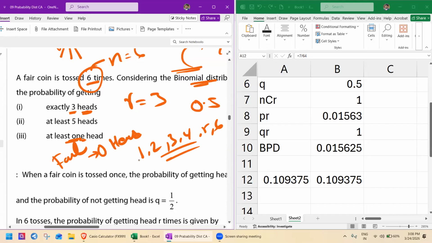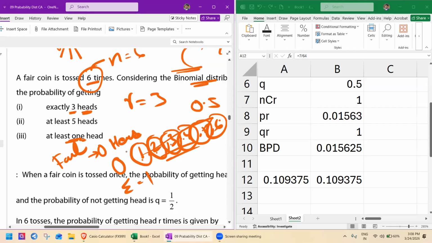For that, what we have to do is find the probability of getting 1 head, 2 heads, 3 heads, 4 heads, 5 heads, and 6 heads. So it takes a lot of time. You know the possibilities of outcome: 0 head, 1 head, 2 heads, 3, 4, 5, 6 heads. And you know that the sum of all probabilities is equal to 1.